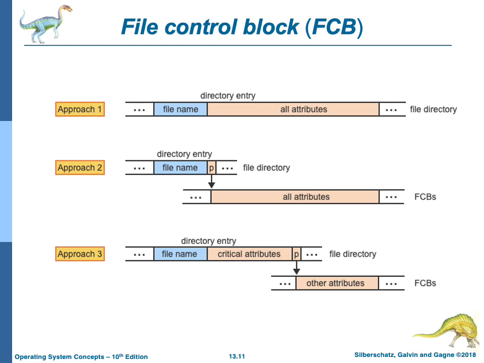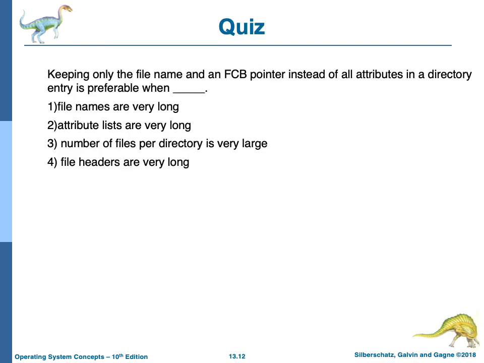It is the data structure associated with every file, and it has all the relevant attributes of that file. We can save that FCB apart from the directory and only keep one pointer to it inside the directory as an entry. In Unix and other operating systems, the FCB, or file control block, is sometimes called the inode.